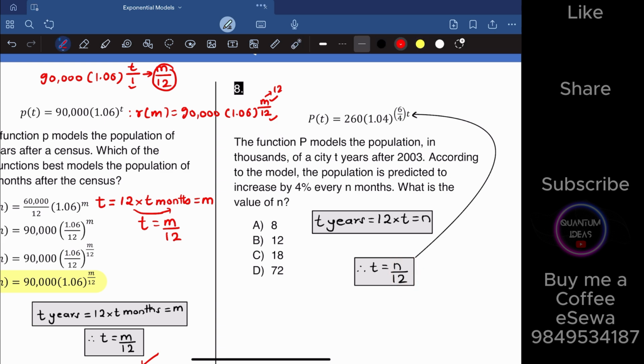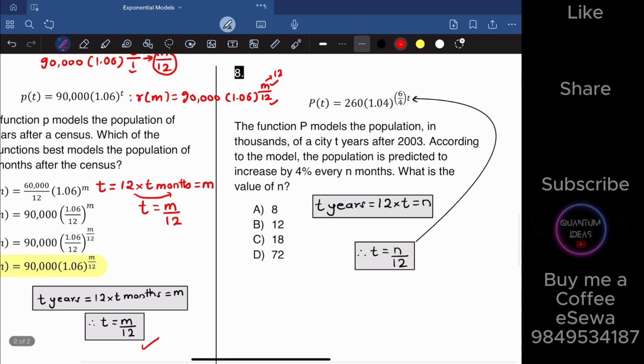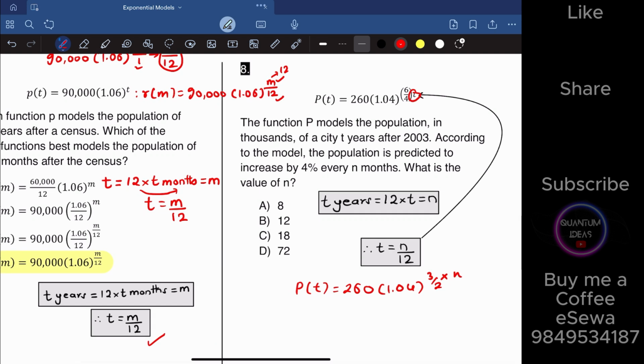Let me write that equation again below. p of t equals 260 times 1.04 to the power 3 by 2 t. Here t is n by 12 in terms of months. If you cancel by 3, that is 3 over 12, so our equation looks like 260 times 1.04 to the power n over 8.